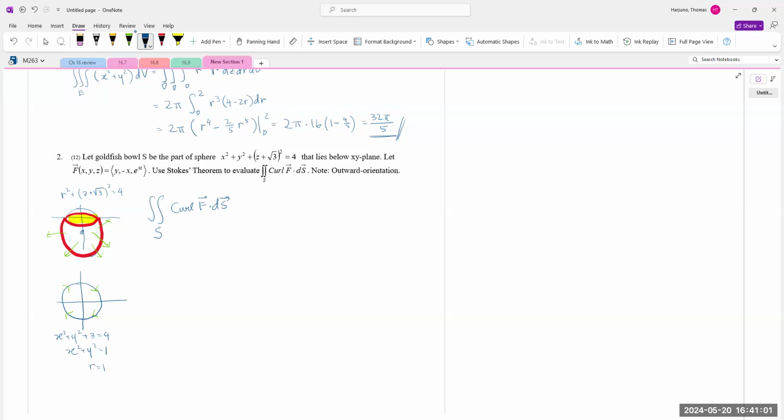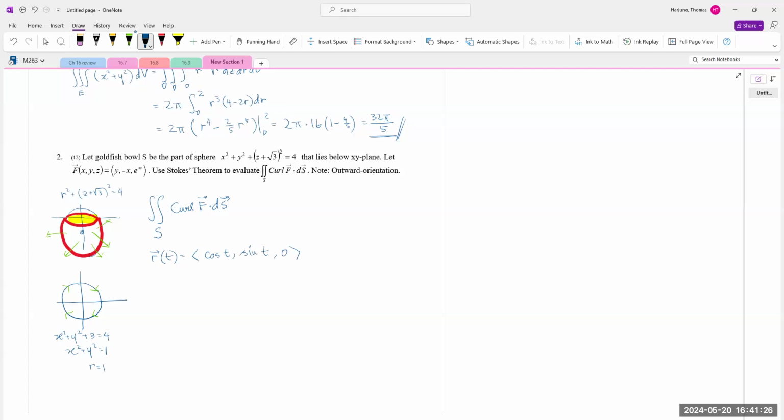I will parameterize that using r(t) equals cosine t, sine t, 0. The thing is, if I do it this way, it will be counterclockwise.